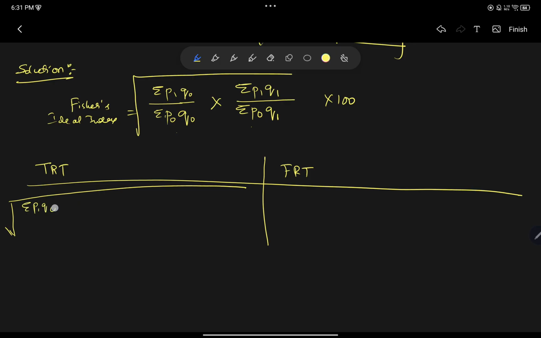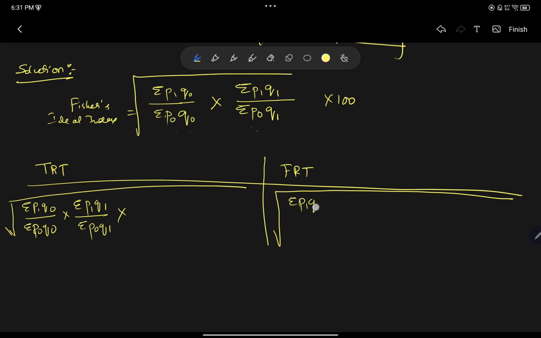Summation of P1 Q0 divided by summation of P0 Q0 into summation of P1 Q1 divided by summation of P0 Q1, all under root. Here also same to same, these two things, summation of P1 Q0 divided by summation of P0 Q0 into summation of P1 Q1 divided by summation of P0 Q1.